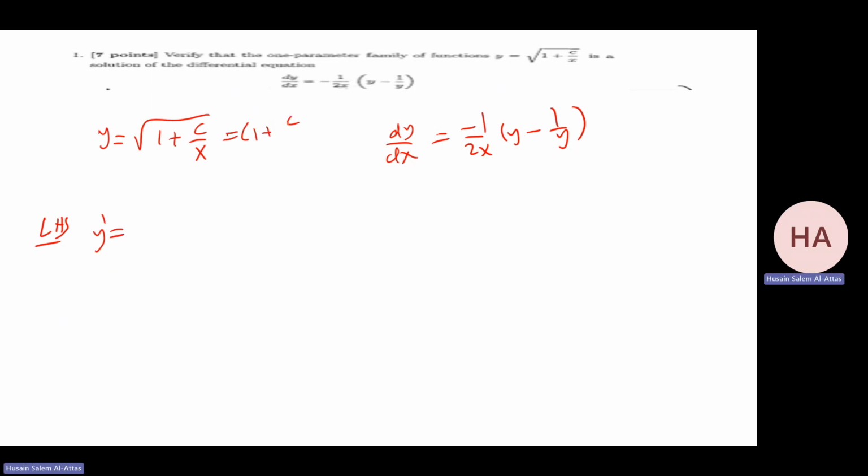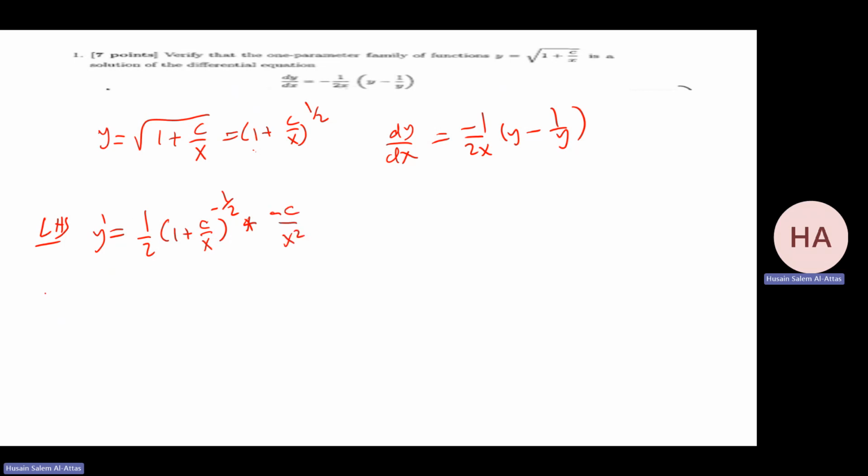Derivative of this, I can rewrite it as 1 plus c over x to the power half. So that will be half, 1 plus c over x to the power minus half, times derivative of this, which is minus c over x squared.